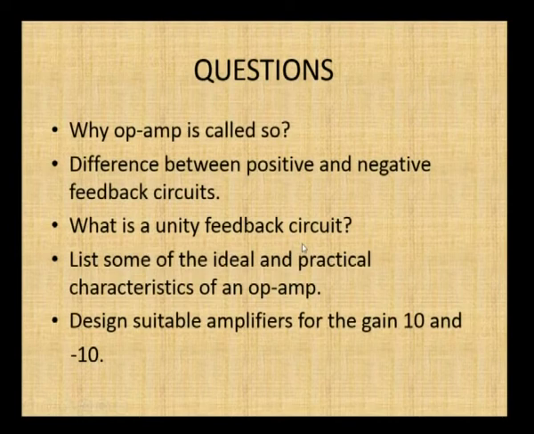And next is to list some of the ideal and the practical characteristics of the operational amplifier. So we have seen only the ideal characteristics. You have to say what the practical characteristics are. Ideally we can say all the values are 0 or infinity. So what may be the practical values? For 0 you can say it is low, and for infinity you can say it is high.